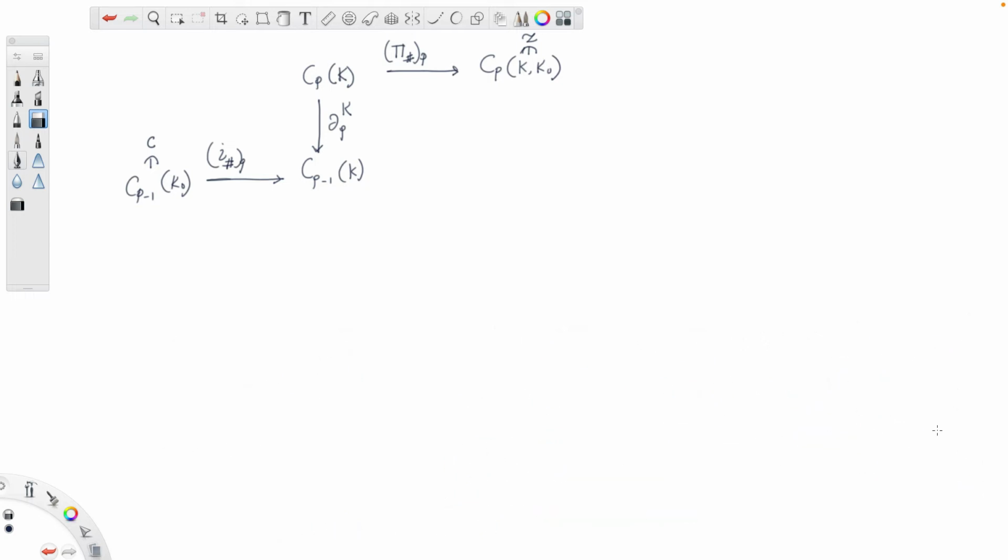So we have seen that if you start with z being a cycle here, then we end up with c being a cycle here.